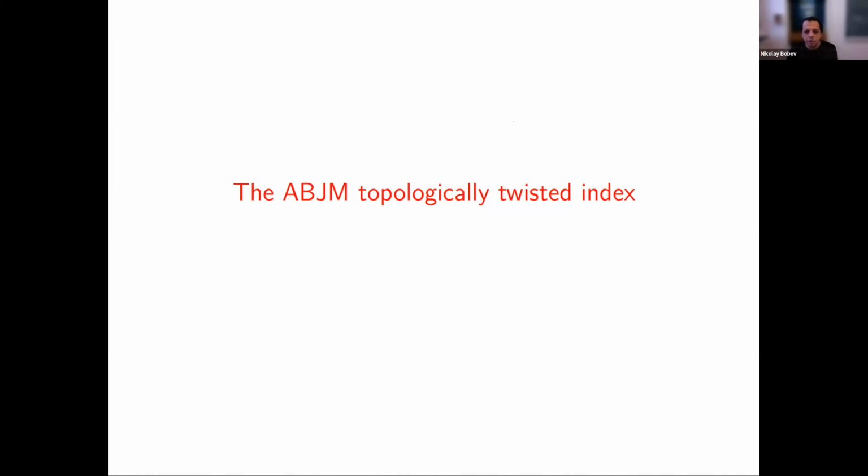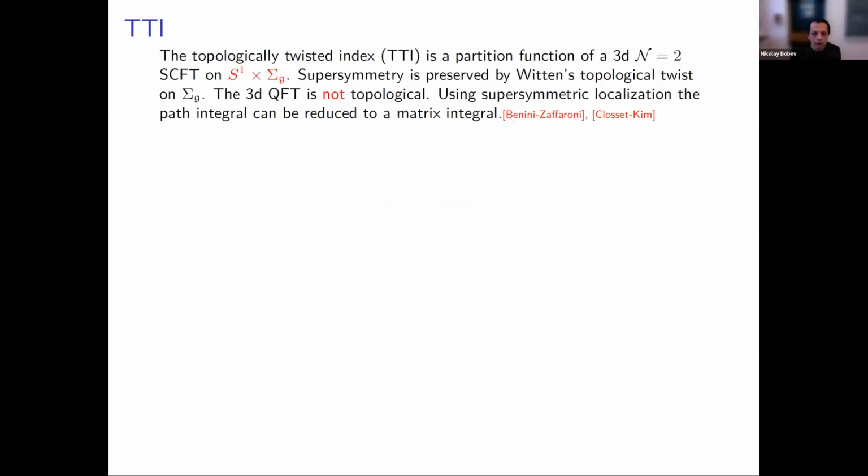Okay, so I'll give you now another example that we were able to compute. It's called the ABJM topologically twisted index. It's kind of a funny name. I'll try to explain what this is. So now I'm changing the manifold. I'm keeping the theory the same, but I'm putting it on this manifold, which is again a Euclidean space, a circle times a Riemann surface.